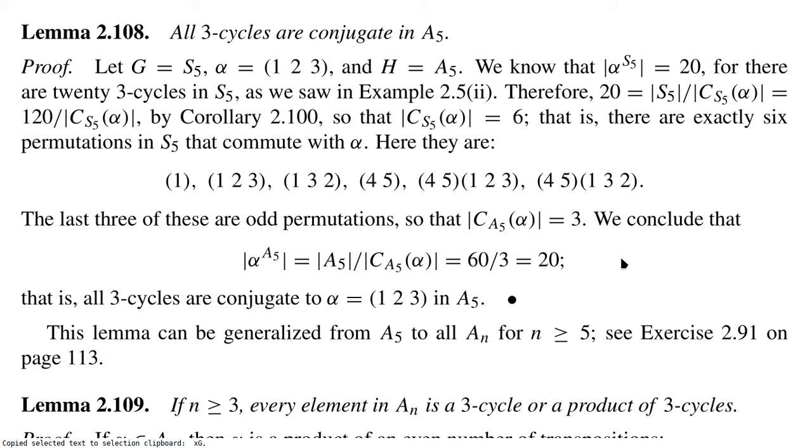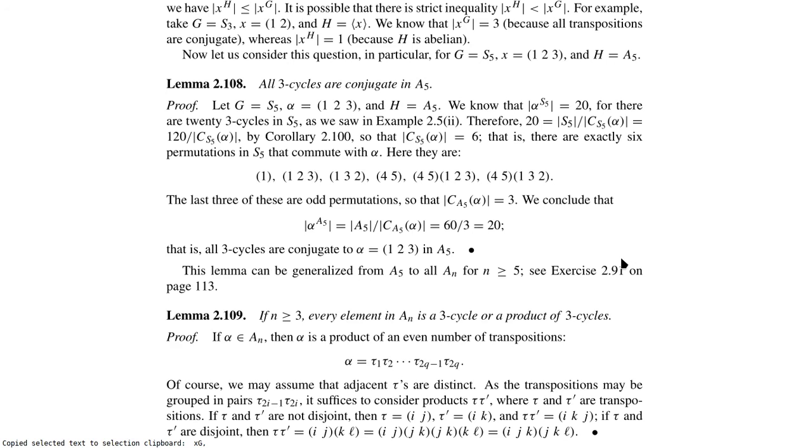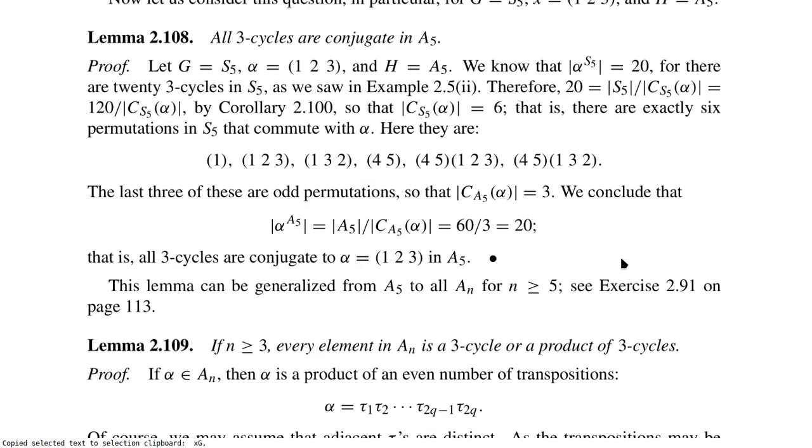Now we know that the conjugacy class of alpha has 20 elements. So there are 20 3-cycles in S5. They take that as a given, but that's easy to check because they did that in some exercise. So that's the conjugacy class for this 3-cycle.